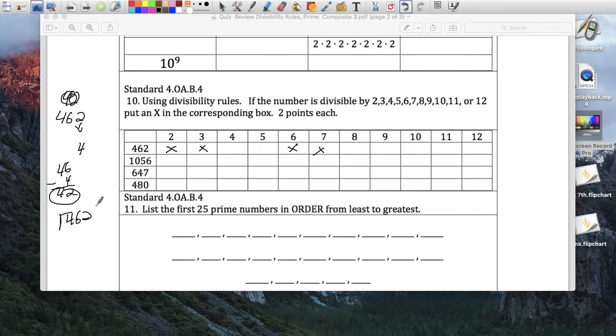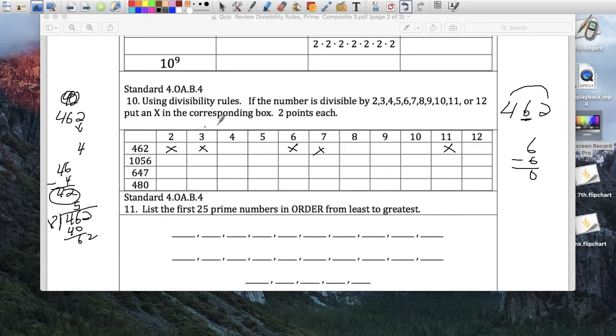Nobody likes the rule for 8. 8 goes into 46 5 times, which is 40. 62, no. 9, no. 10, no. 11, remember I take the first one, skip, so add these two. 4 plus 2 is 6, and then I subtract it from whatever's left over, minus 6 is 0. So if the answer is 0 or 11, then yes, so definitely a yes.